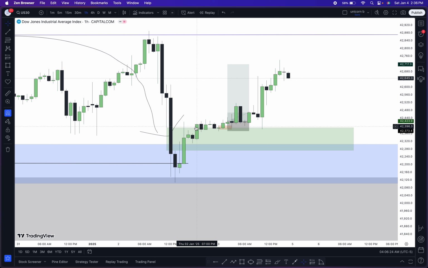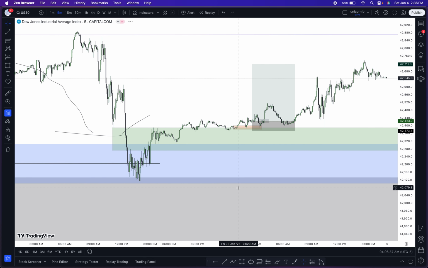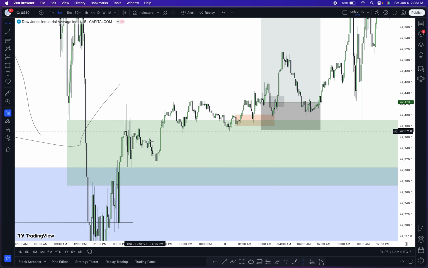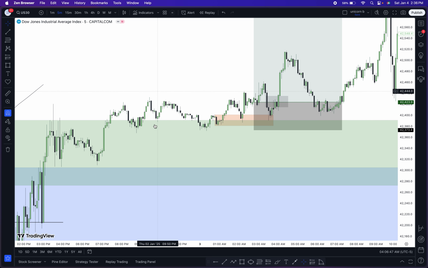A strong aggressive buying candle printed here, and this CB has been broken. After the CB was broken, I shifted to the 5 minute time frame. You can notice here, traders, a big expansion occurred after the liquidity was taken out, and after the liquidity was taken out, the CB was broken.